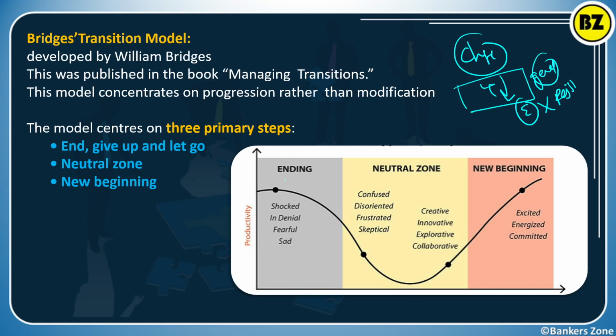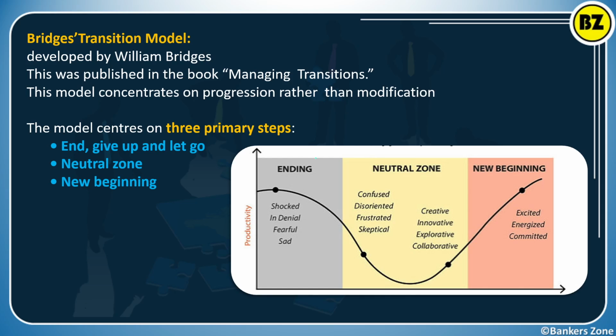Ending means give up and let it go; employees will think there is an end, and we should let go of whatever management wants to implement. So in the ending phase, employees will be shocked, in denial, fearful and sad.